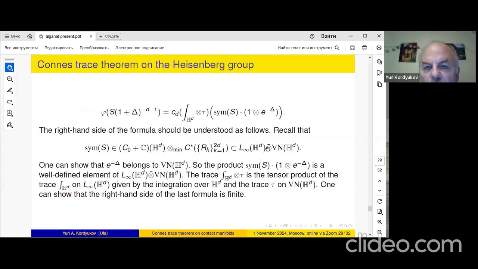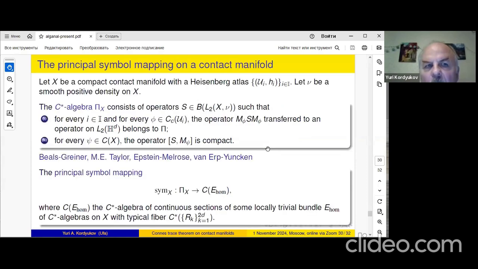Okay, this I explained already. And now, once we did this for the model case of the Heisenberg group, we can glue these locally defined models into a global one using the Heisenberg atlas. So we take a compact contact manifold with a Heisenberg atlas.